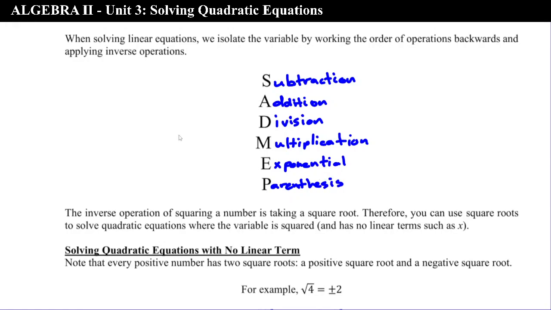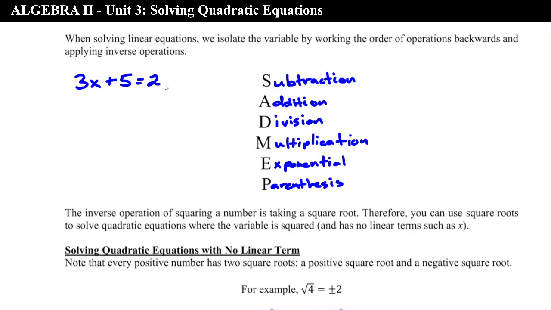All right, so let's think about this. Let's do a little example over here on the side. So you remember back when you were doing the order of operations, say in Algebra 1, and you had an equation. Let's just do something simple: 3x plus 5 equals 2, okay?